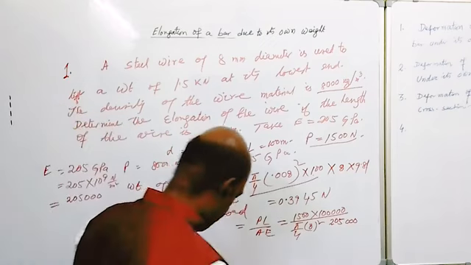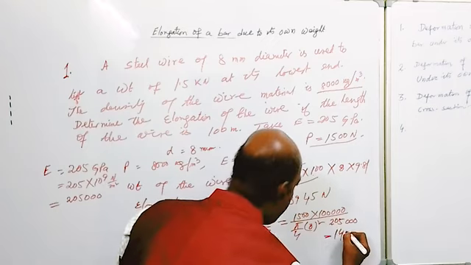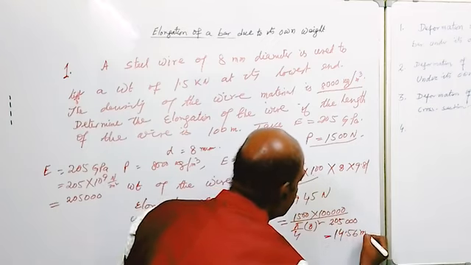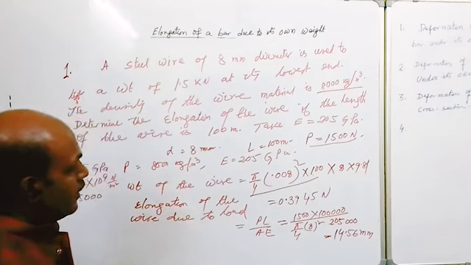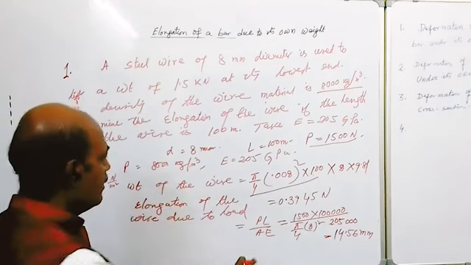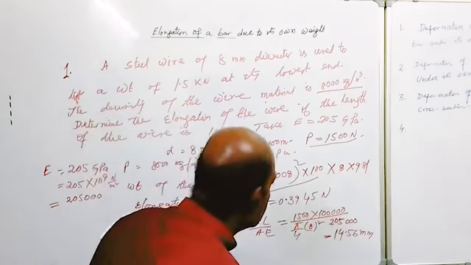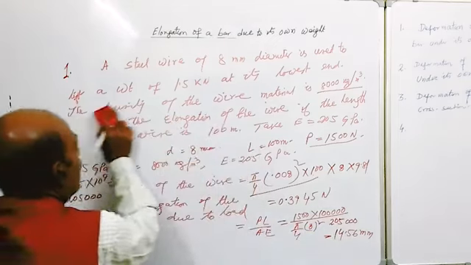So it is coming 14.56 millimeter. So the load is acting at the bottom of the wire, and due to that, the elongation produced in the wire is 14.56 millimeter.